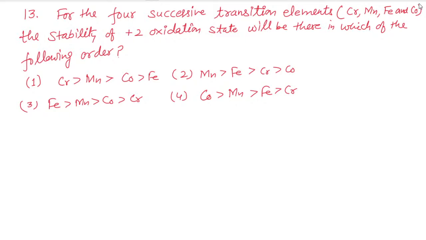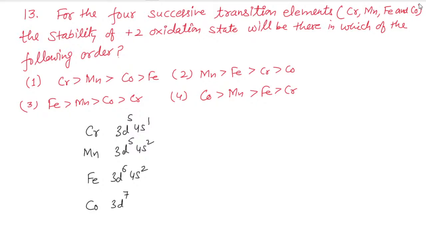See, chromium, manganese, iron, cobalt. Chromium is 3d5 4s1, manganese 3d5 4s2, iron 3d6 4s2, cobalt 3d7 4s2. Okay.